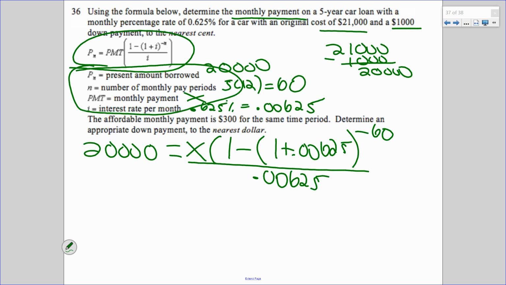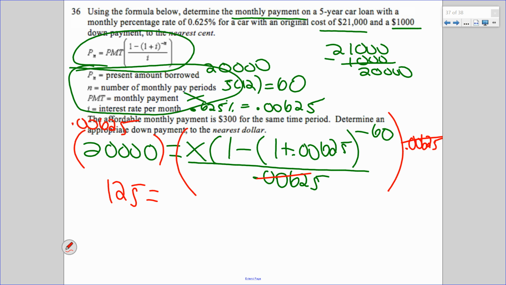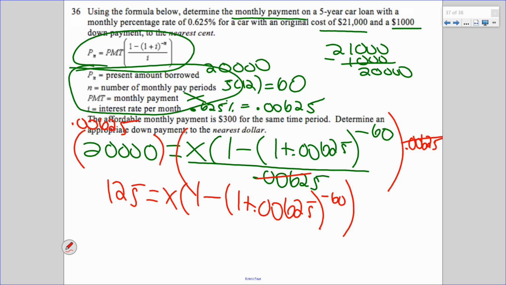So to solve this equation, the first thing I want to do is multiply by the denominator. So I'm going to go to my personal calculator and do 20,000 times 0.00625, and I got 125 equals X parentheses 1 minus 1 plus 0.00625 to the power of negative 60.